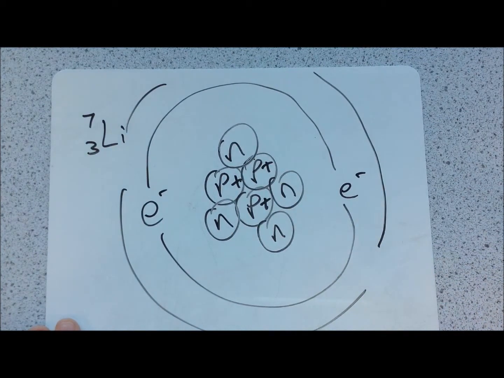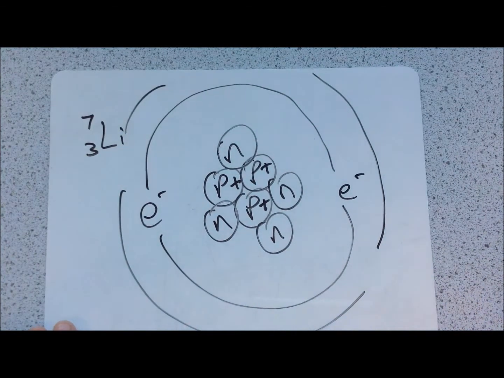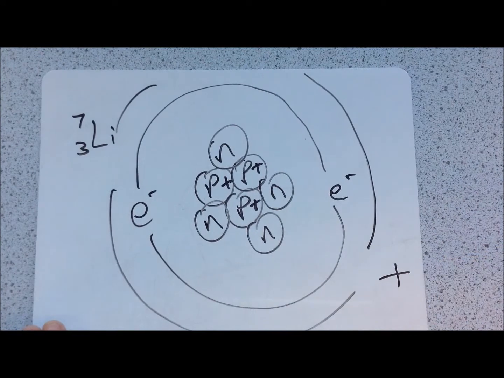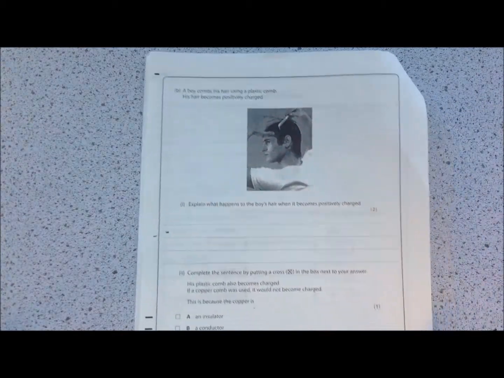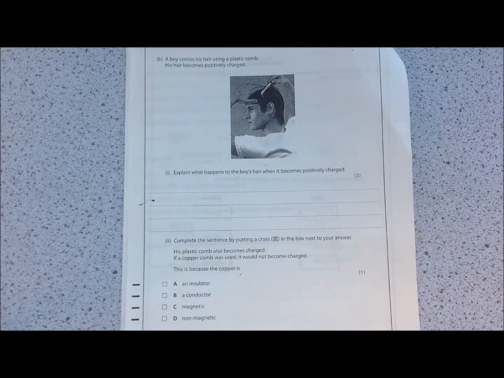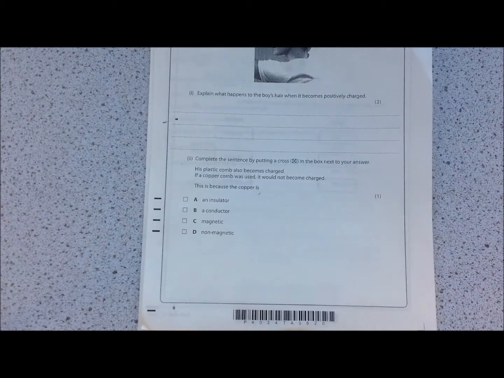So 3 pluses and 2 minuses leaves me with an overall positive charge. On the question, it says explain what happens to the boy's hair when it becomes positively charged. The answer is, it's lost electrons. So electrons have been transferred from the boy's hair to the comb.